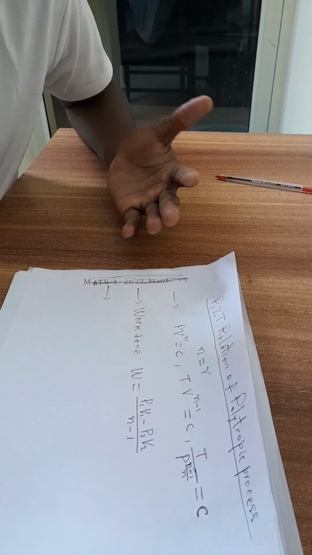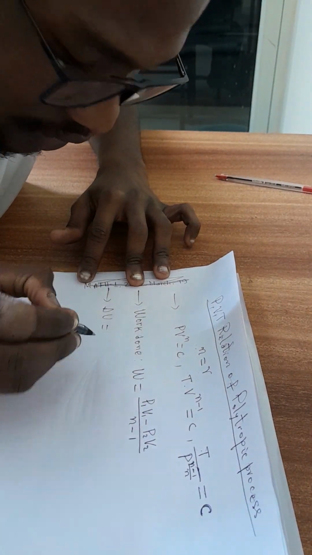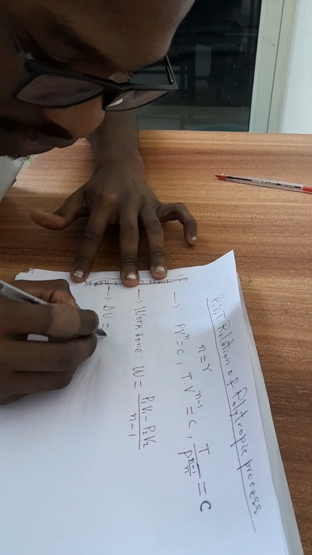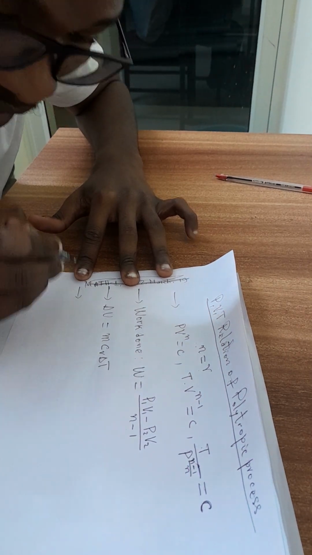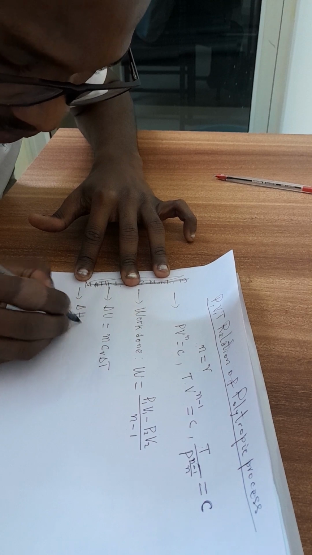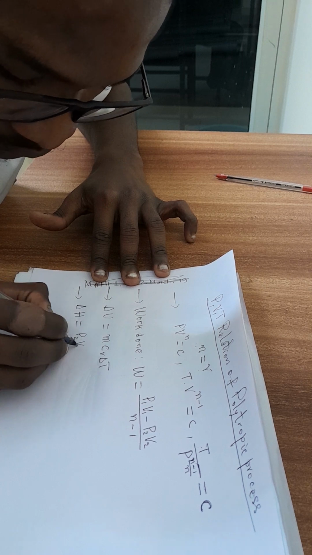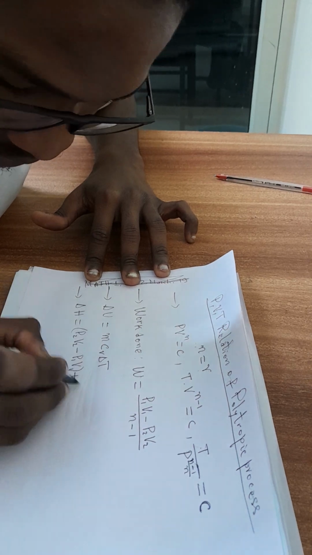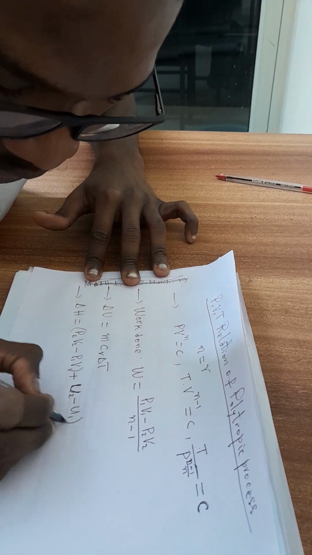So what will be our internal energy, delta U? The internal energy doesn't depend on the kind of process, it only depends on the temperature. In this process, is the temperature changing? Yes, then internal energy is mCv delta T, the same. The same will happen with the change in enthalpy. Change in enthalpy will be P2 V2 minus P1 V1, plus U2 minus U1.